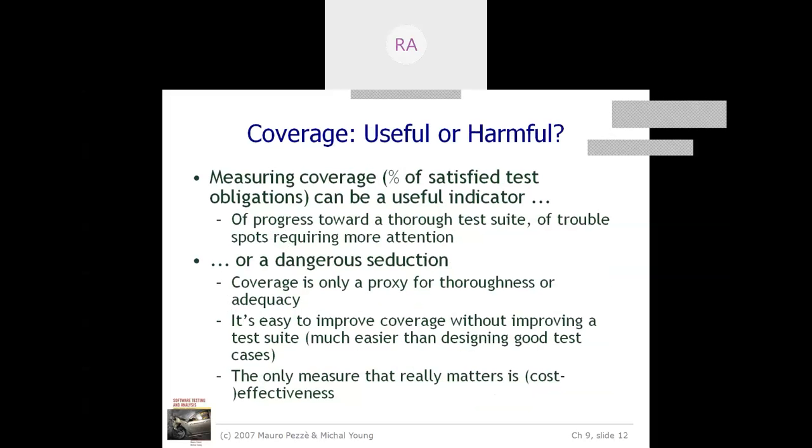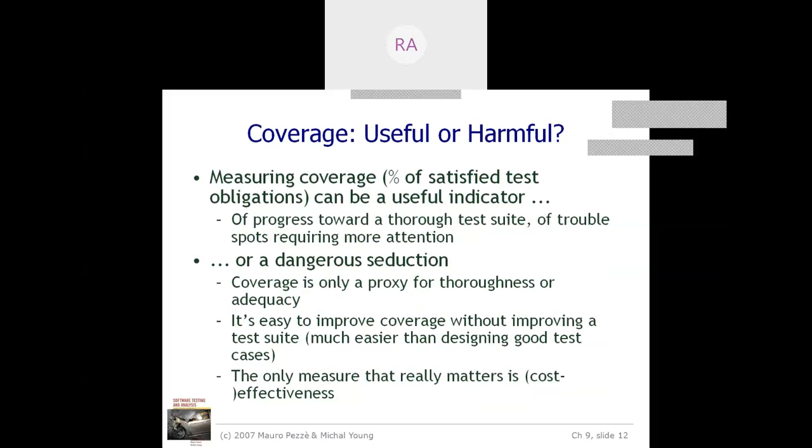It can be a useful indicator. How is it a useful indicator? Because it presents the idea to the development team of how much the particular test suite can cover the source code in order to detect the faults.